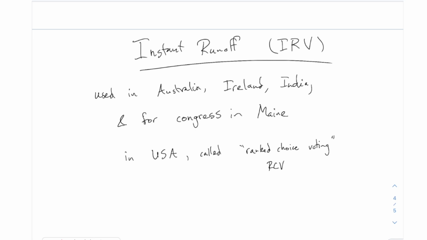Like the Borda also involves ranked choices. Really, what's important about the method is not the fact that the voters are ranking their choices. The important thing is how the answer is computed, right? That's what's important. And this phrase, instant runoff, is trying to describe how you do it.